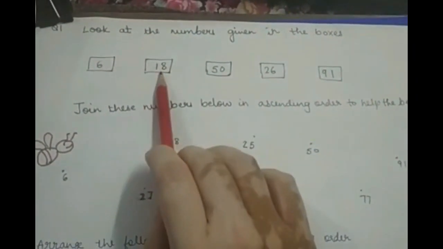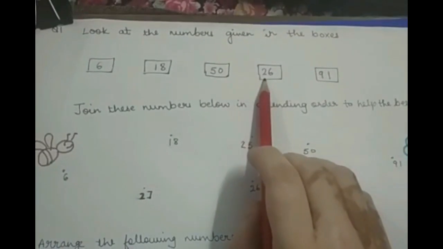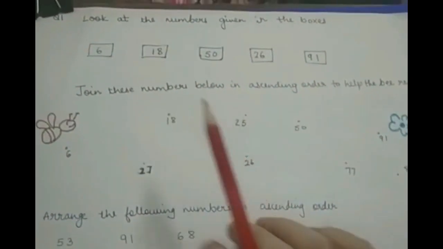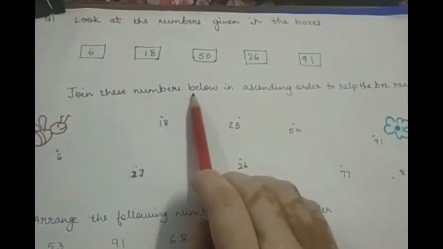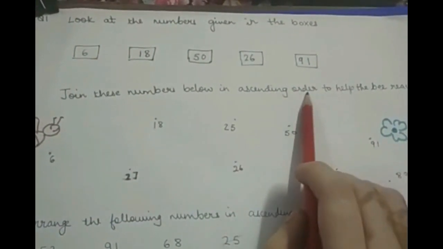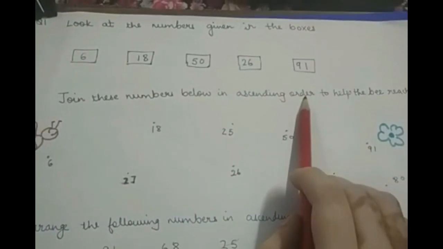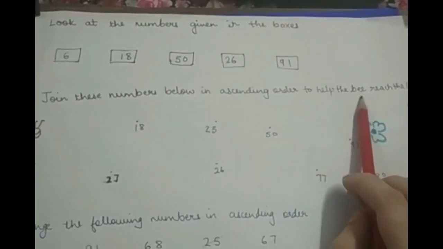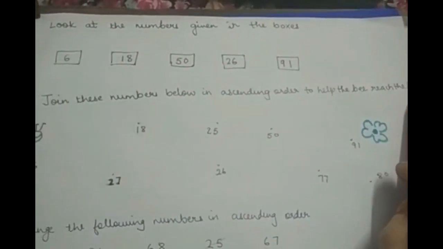We have 6, 18, 50, 26 and 91. Now, let's read the second instruction. Join these numbers below in ascending order. We have to join these numbers below in ascending order to help the bee reach the flower.